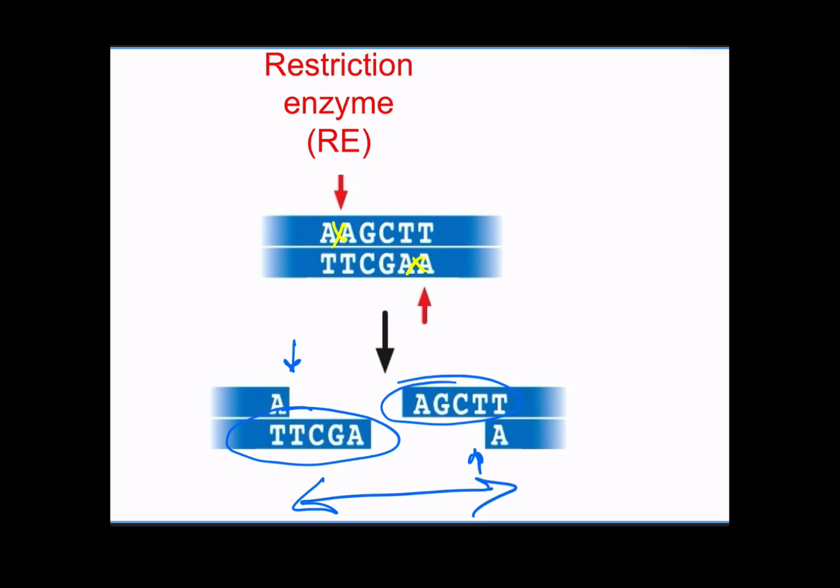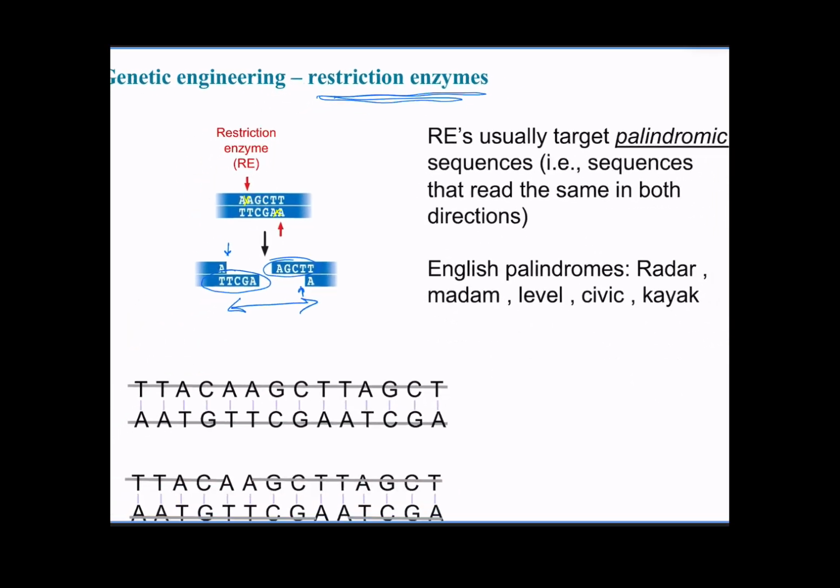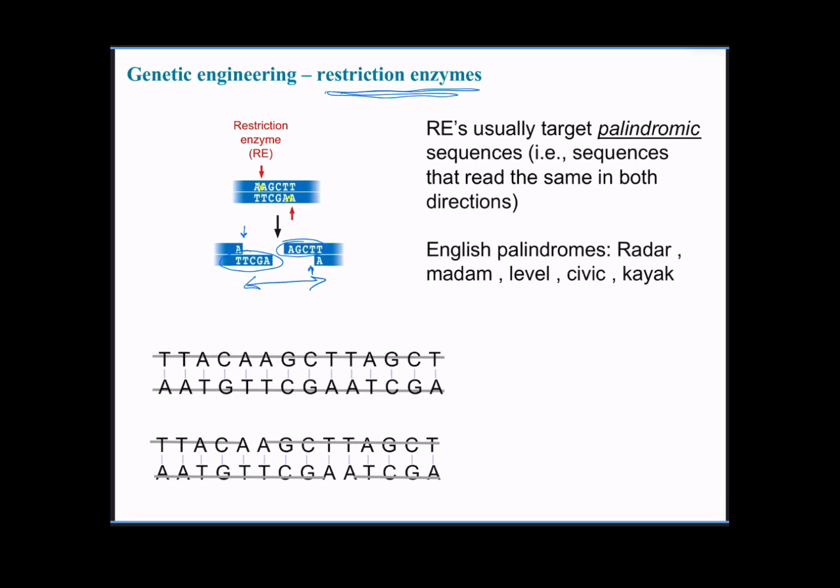And the thinking is that the reason for that is evolutionary, or it's explained by evolutionary biology. Restriction enzymes are defense mechanisms for bacteria. They use these enzymes to attack any DNA that is not their own and cut it into little pieces. And it is easier for a restriction enzyme to recognize its target sequence if it's a palindromic sequence, because now the enzyme doesn't need to approach the DNA molecule in any given direction.